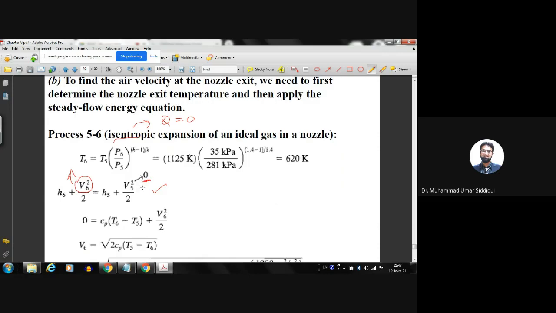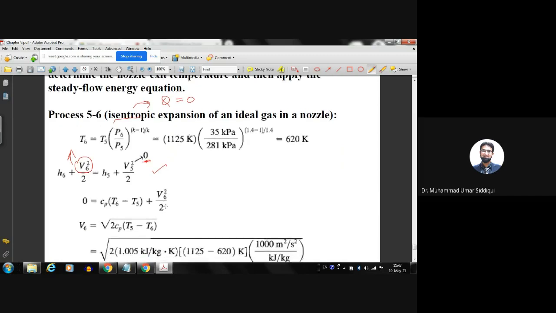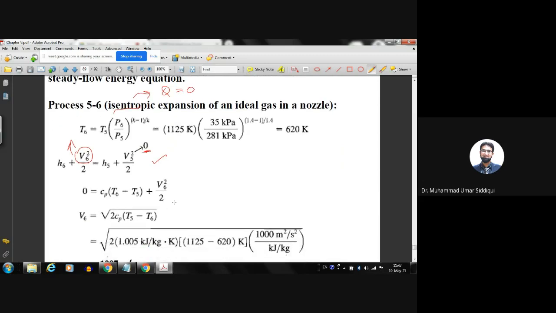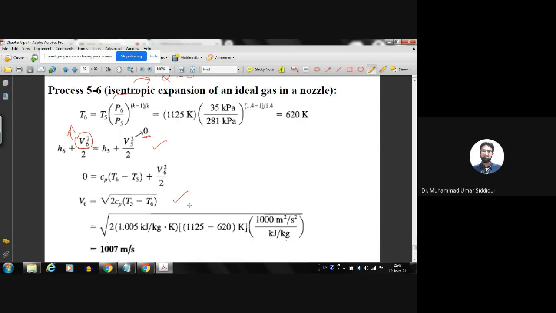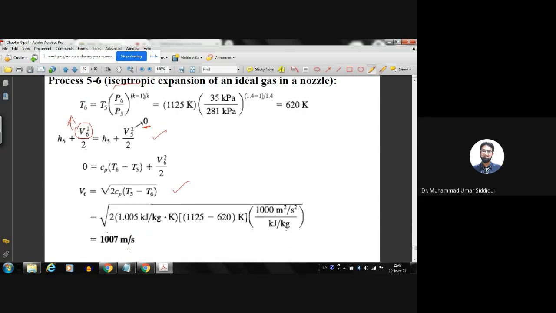It is not 0, we can just assume it to be 0 because it is very, very small compared to the velocity at the exit of the nozzle. Using this approximation, we can determine the velocity at the exit of the nozzle, which comes out to be about 1007 meters per second.